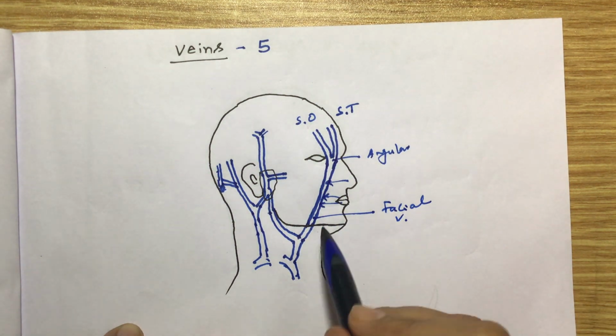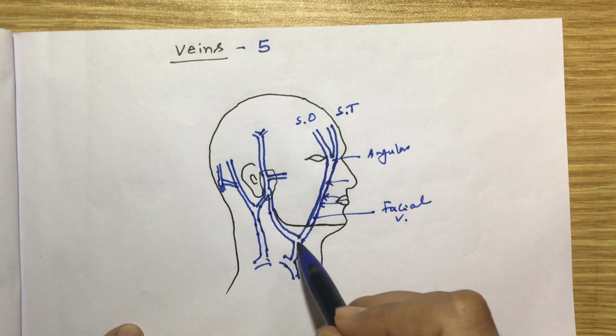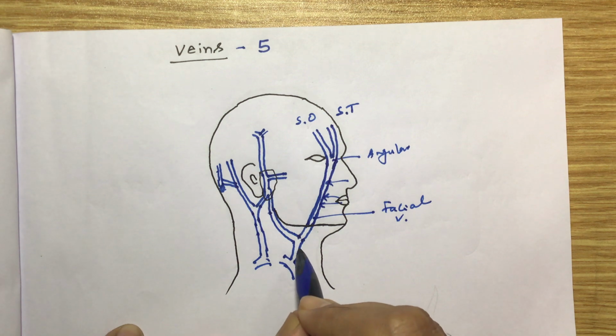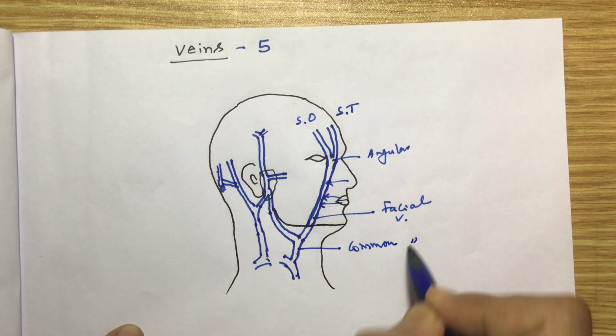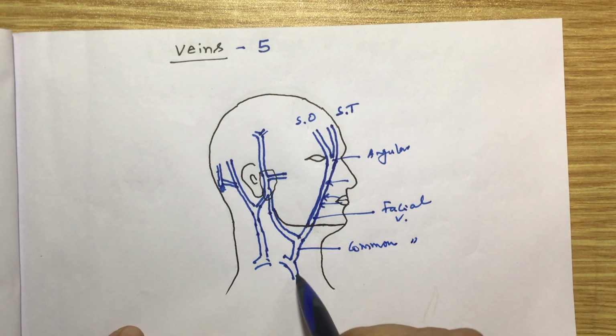When the facial vein unites with the anterior division of the retromandibular vein, it is known as the common facial vein. It drains into the internal jugular vein.